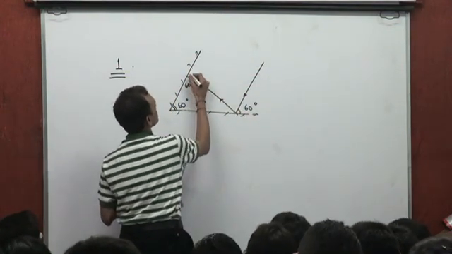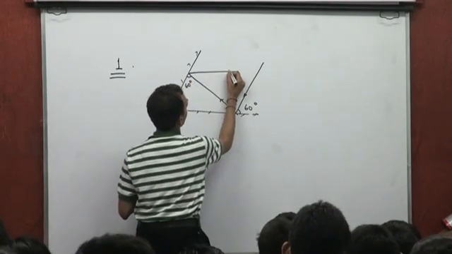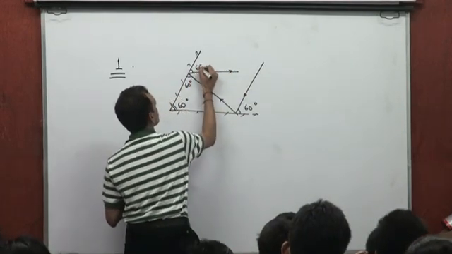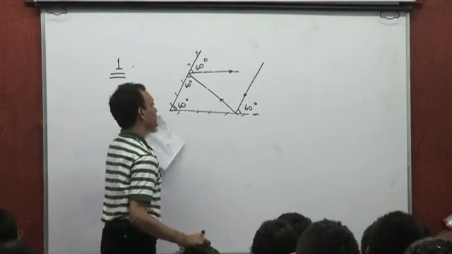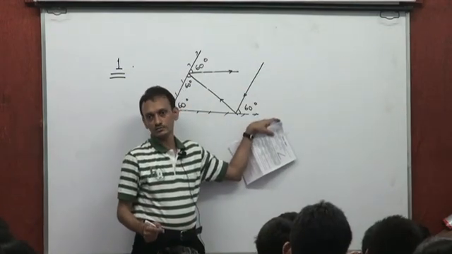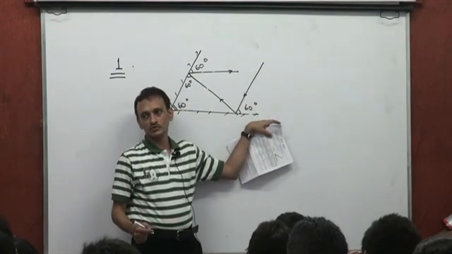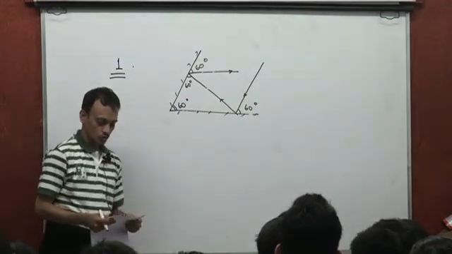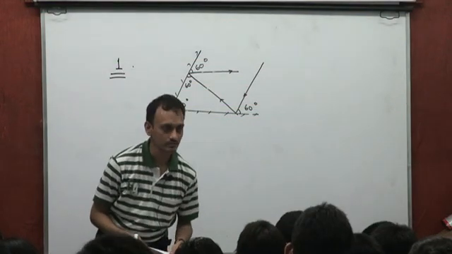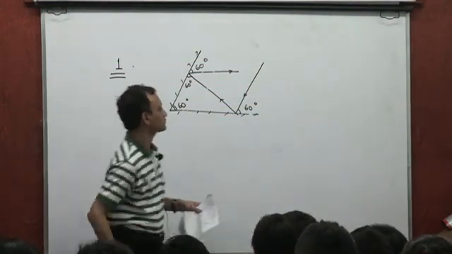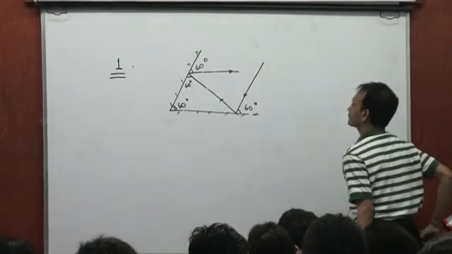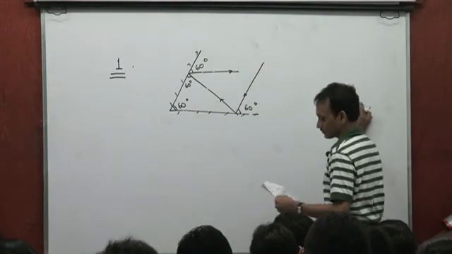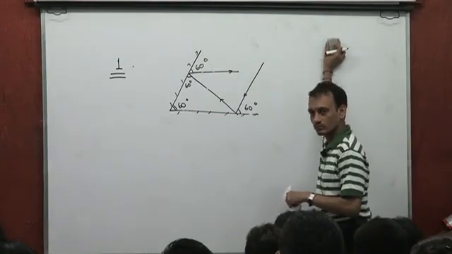This is 60 degrees. And then like this. So this is also 60 degrees. And it runs parallel to the first mirror. That's what happens, right? So option B. Clear?